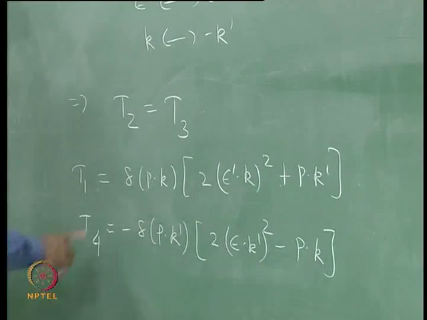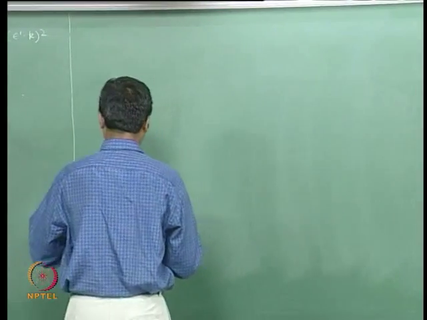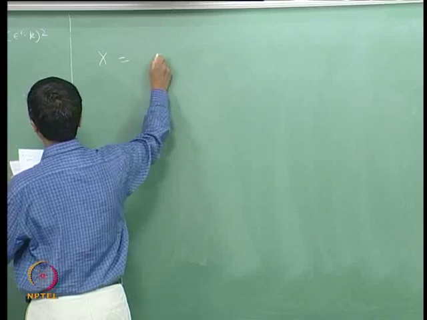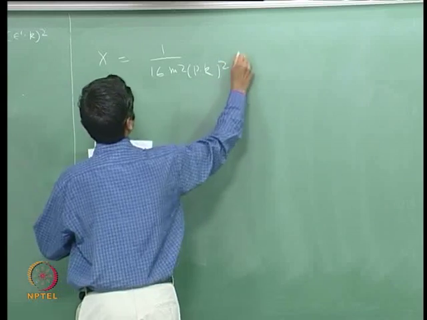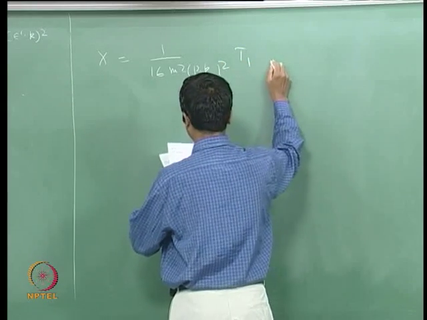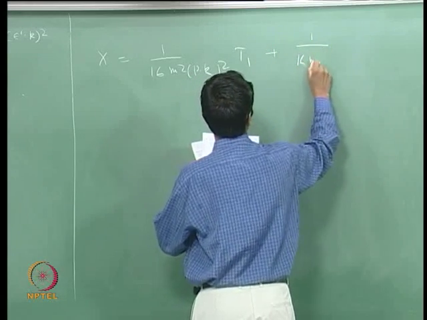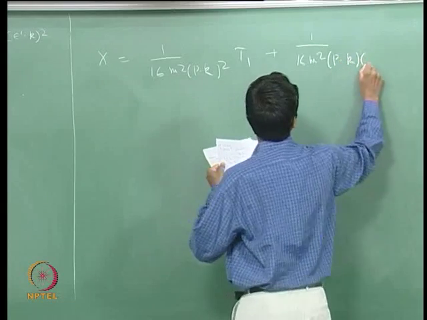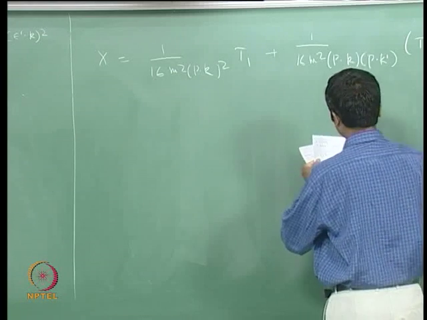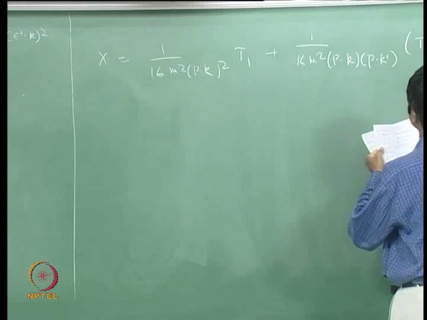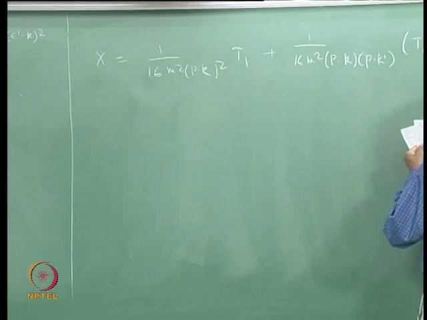This is your T1, T2, T3, T4, and your x is 1/16 m square p dot k square T1 plus 1/16 m square p dot k prime T2 plus T3 and plus 1/16 m square p dot k prime square T4.